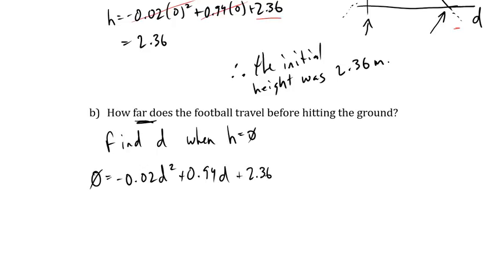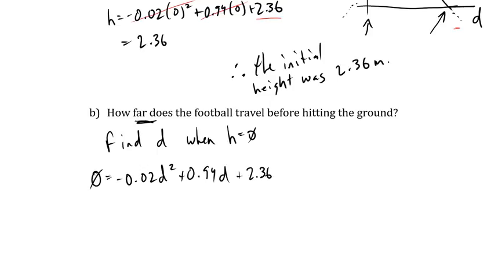So there are a couple of ways that you could do this. You could try common factoring out, which might seem a little bit weird, but common factoring out the 0.02 that's out front. See what you get, and you may end up getting something that works out kind of nicely. Or you could just plug this into the quadratic formula. Again, that's often something that you're going to do when you have these real-world applications.